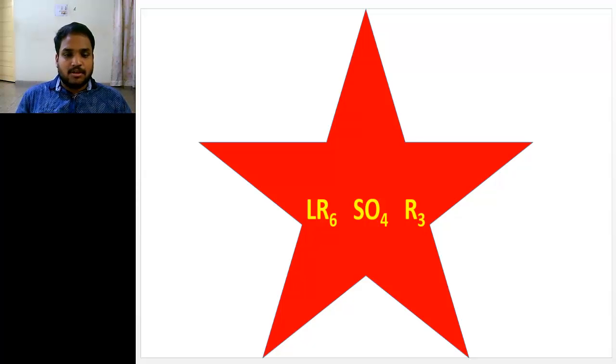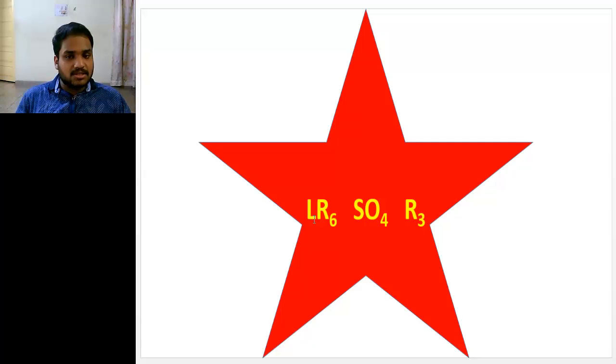So I hope most of you know this formula, that is LR6, SO4 and R3. What is it? The 6th cranial nerve supplies the lateral rectus. It is the 4th cranial nerve that supplies the superior oblique, SO4, that is the trochlear nerve.